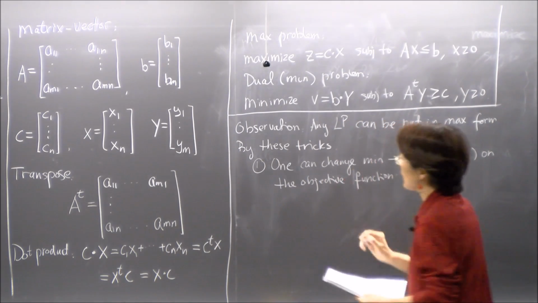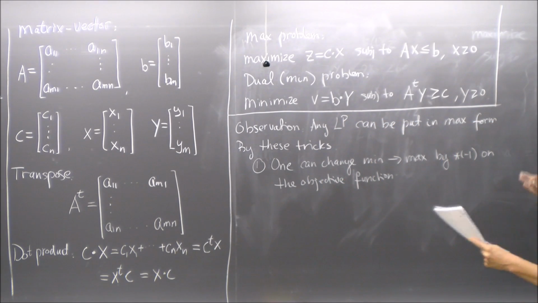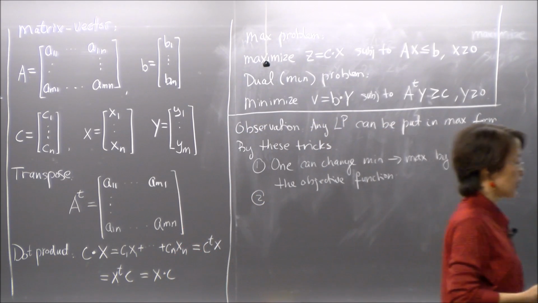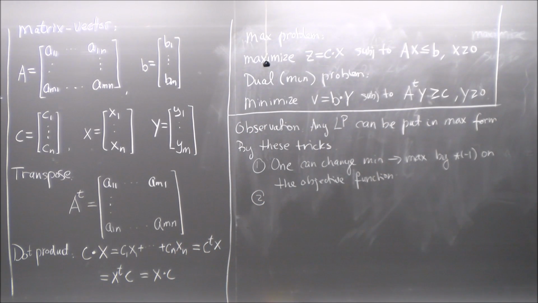Then all the problems can be maximization. Second, what if in my original problem the constraints have the wrong inequality sign? What if I don't have less than or equal, I have bigger than or equal? I want to change it into less than or equal. Well, it's that same magic trick. Multiply by -1.